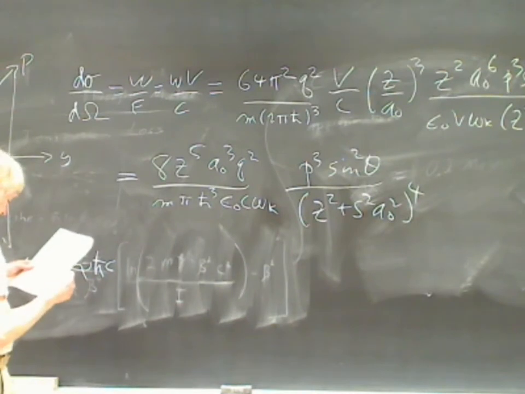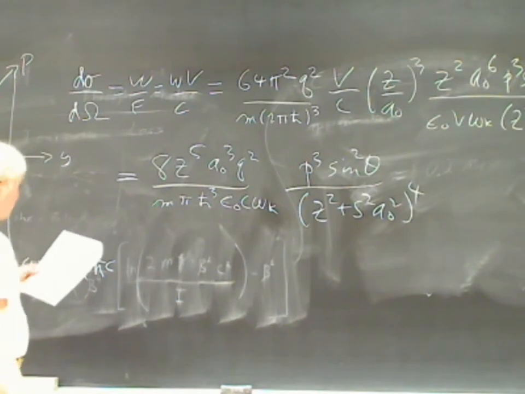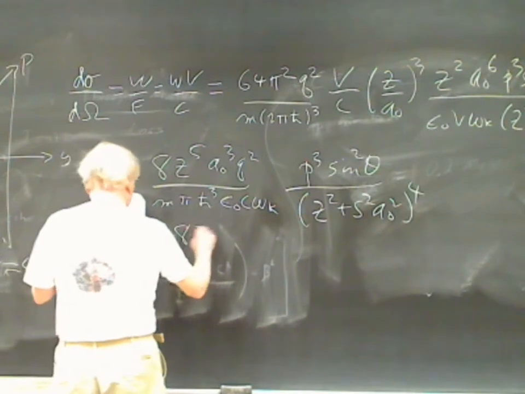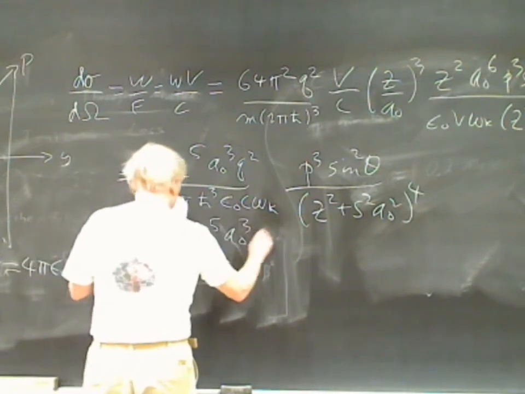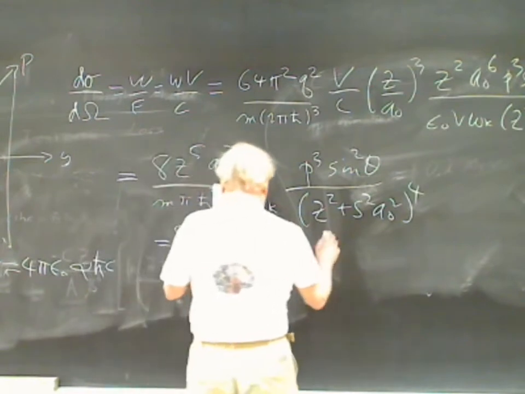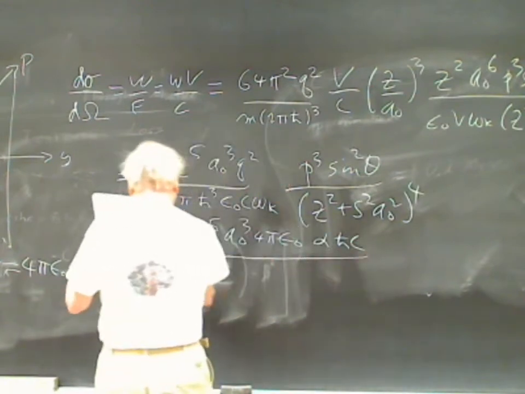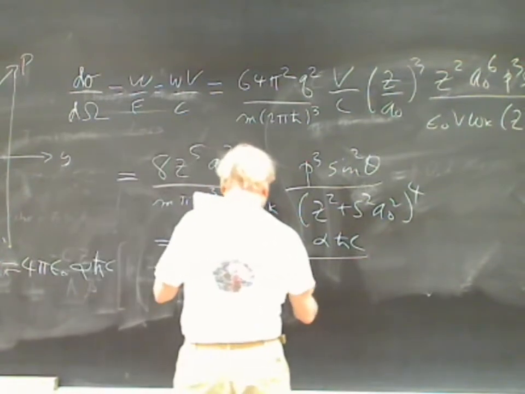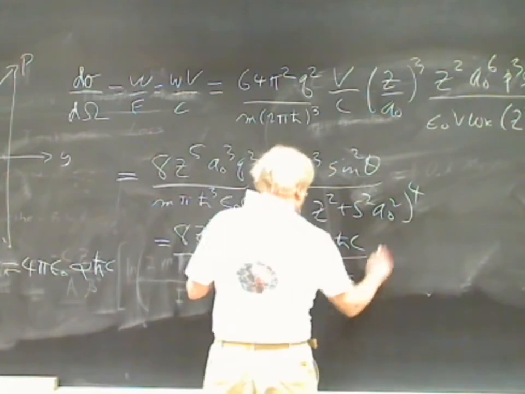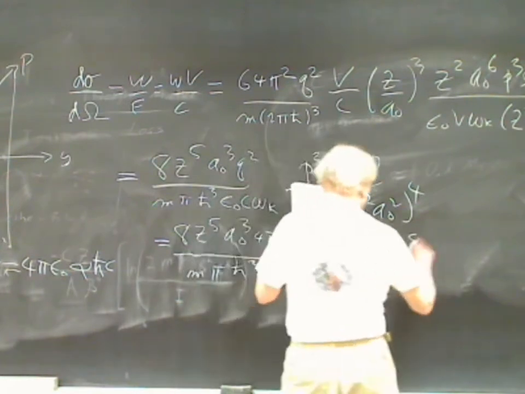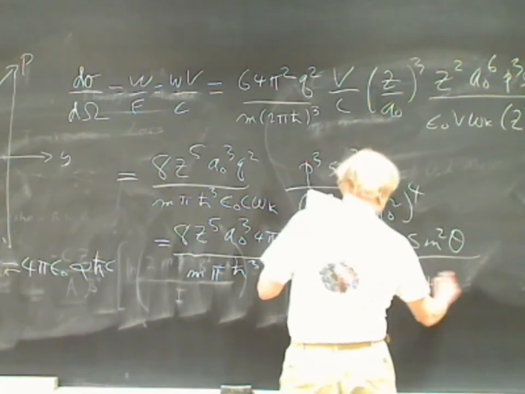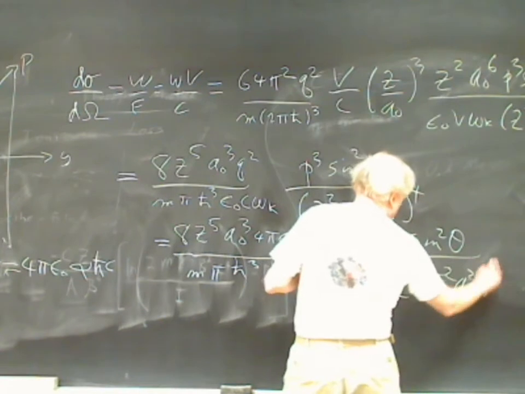And so when we put that in, what we get is 8 Z to the 5th a0 cubed 4 pi epsilon 0 alpha h bar c over m pi h bar cubed c epsilon 0 omega k p cubed sine squared theta over Z squared plus S squared a0 squared to the 4.